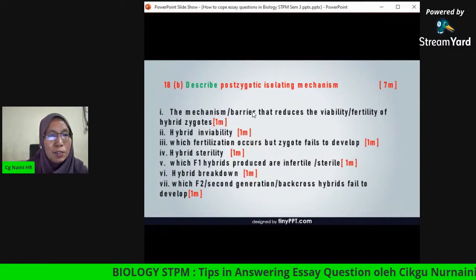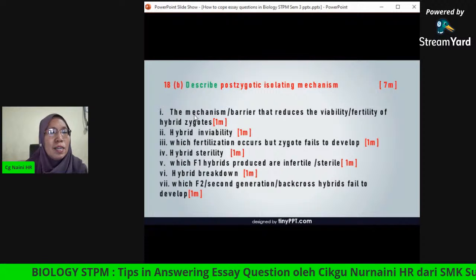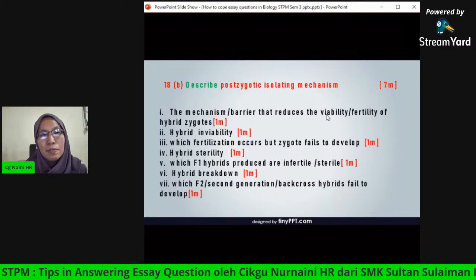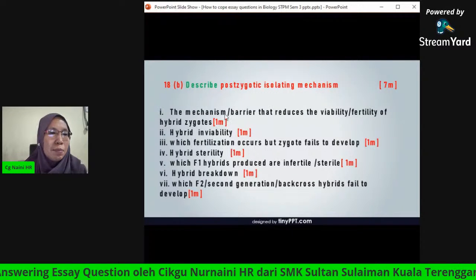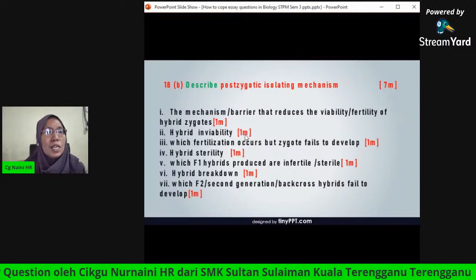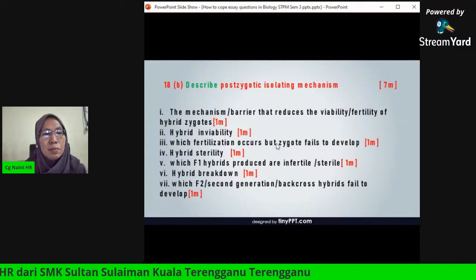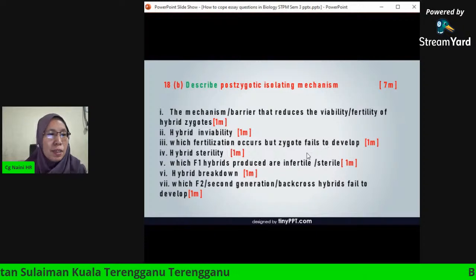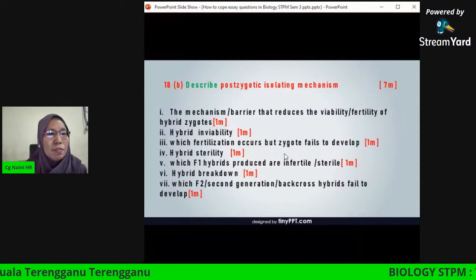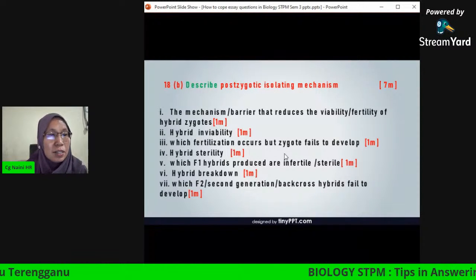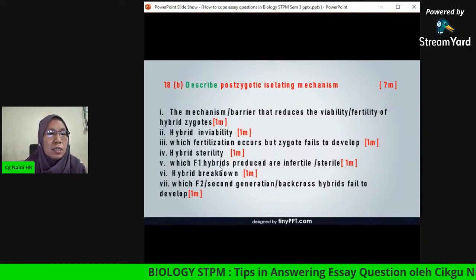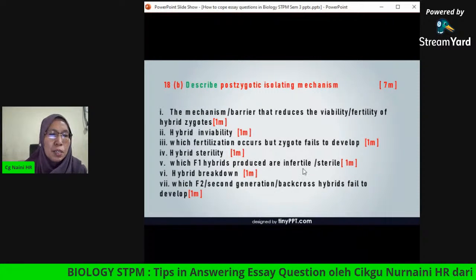So write in essay type the mechanisms that reduce the viability of hybrid zygotes. So hybrid inviability, where fertilisation occurs but the zygote fails to develop. Hybrid sterility, because this refers to the hybrid zygote, in which F1 hybrids produce infertile gametes.